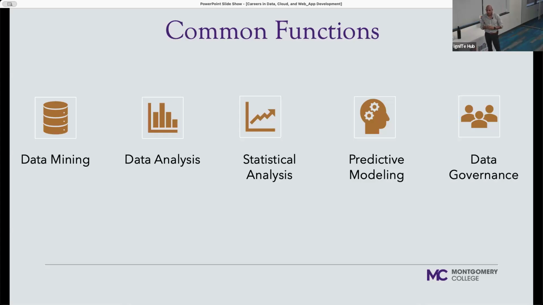Last but not least is data governance. And what does that mean? I talked about how we are collecting a lot of data, and all of the data that we are collecting these days is data that we're freely giving to companies. For people who are around my age, we remember when we had to pay to have an email.